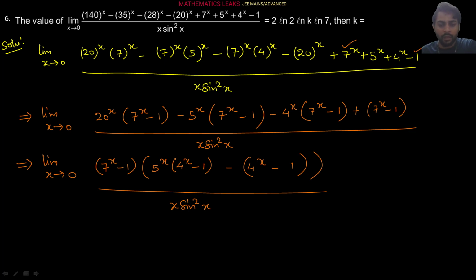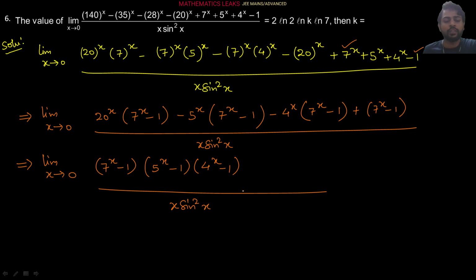And now from these two terms you can see 4 to the power x minus 1 is coming common, so it will remain (5 to the power x minus 1) into (4 to the power x minus 1). So just writing in simplified manner, (5 to the power x minus 1) into (4 to the power x minus 1), right?